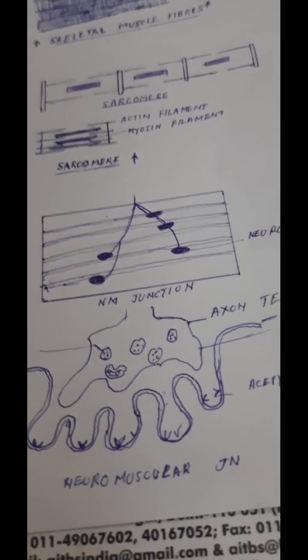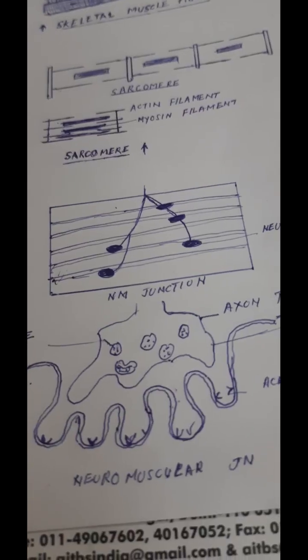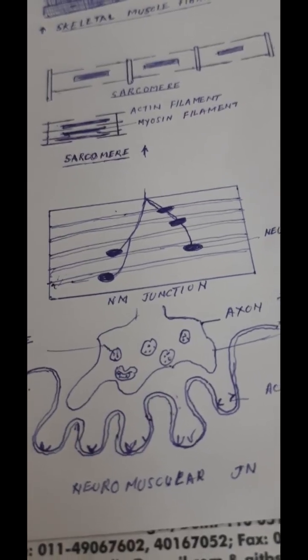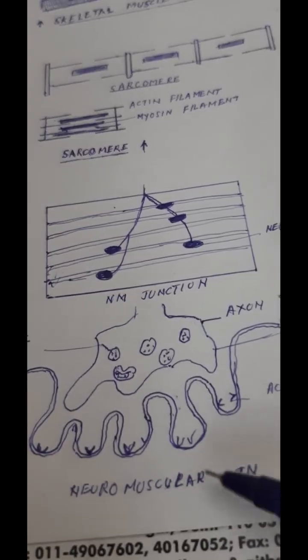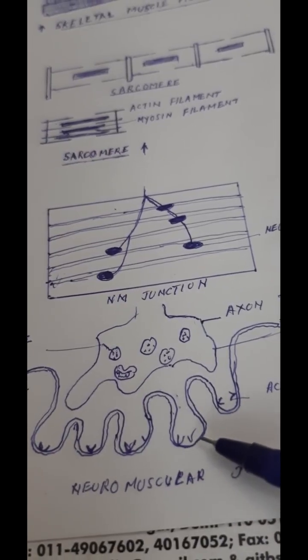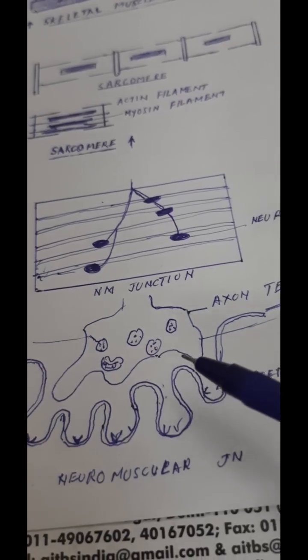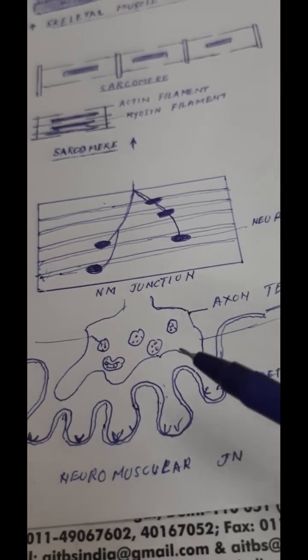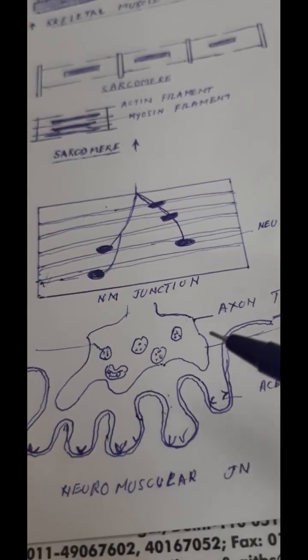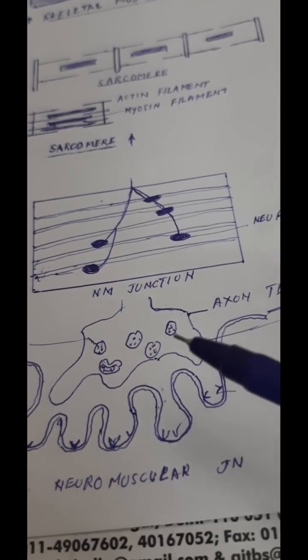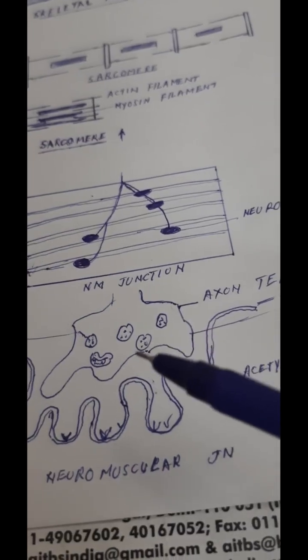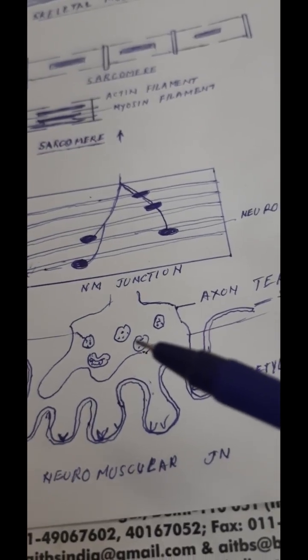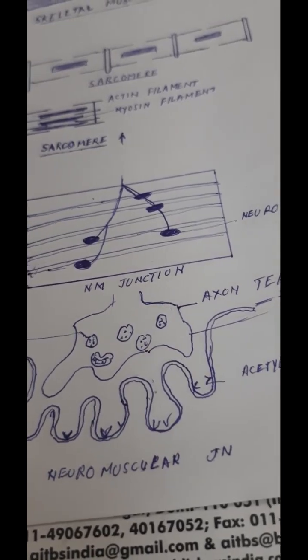And you find at the motor end plate there are receptors here. You can see the receptors, right? These are the receptors, and these are folds in the sarcolemma. This is the terminal motor nerve fiber, right? It has mitochondria also, which you can see, and it has microvesicles.